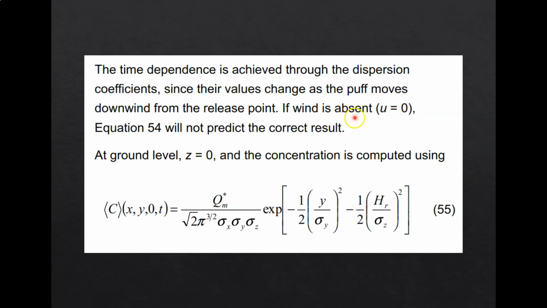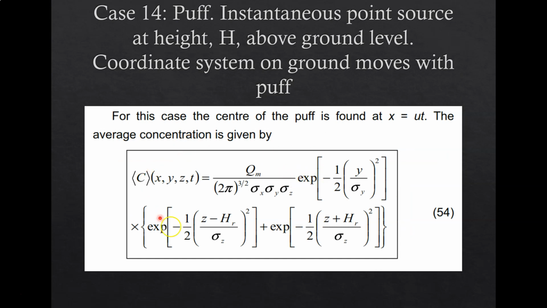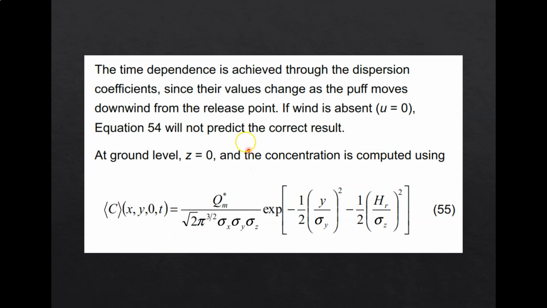If wind is absent, u is equal to 0, and equation 54 will not predict the correct result, because equation 54 involves the inclusion of ut, where x is equal to ut. So if u is 0, equation 54 will not predict the correct result.